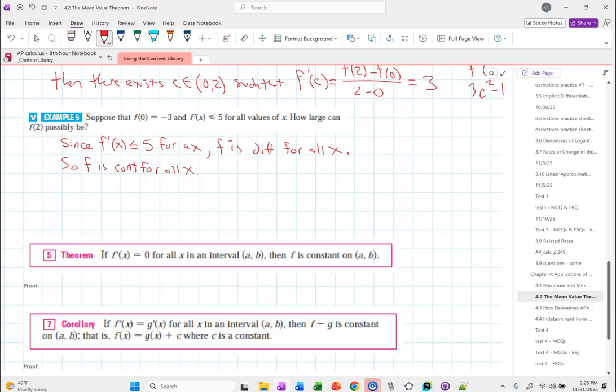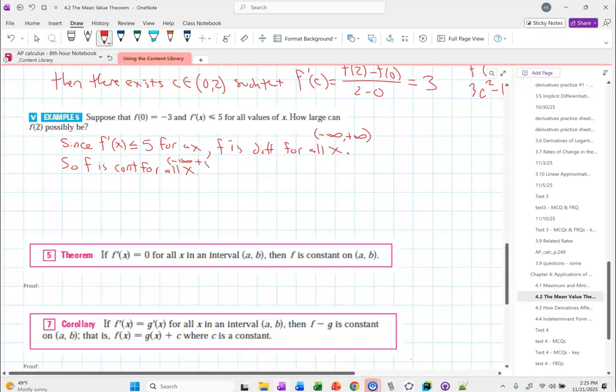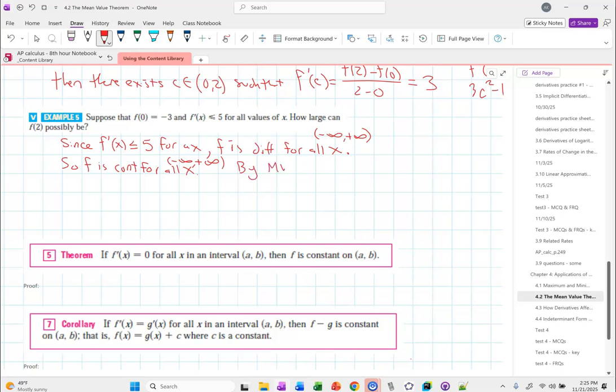You could say, for all x, that's the same thing. Everybody's okay? So, by the mean value theorem, we have that f prime of c is equal to f of 2 minus f of 0 over 2 minus 0. Why 2 and 0?